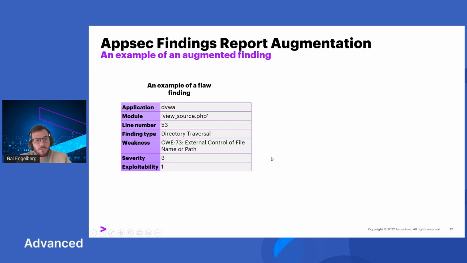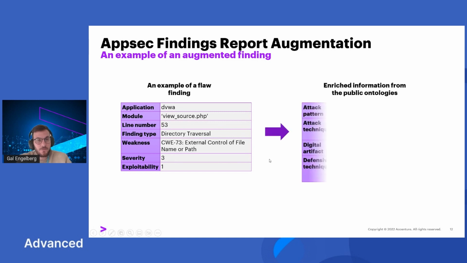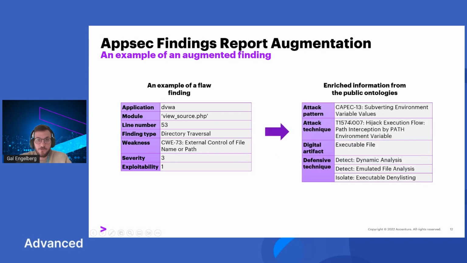Based on our method, we were able to enrich this finding with the following information, with the related attack pattern, which enables the following attack technique, which compromises this digital artifact and could be defended. You can see a specification of detection and isolation based on these countermeasures.